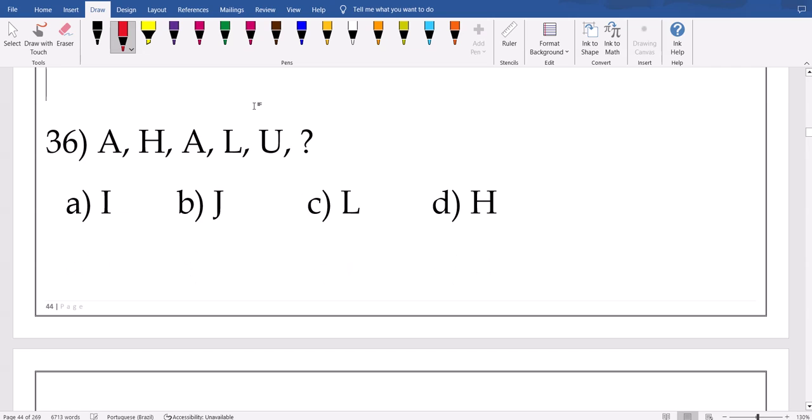What will be here? People will think about Aha, Allu, Arjun, all things. No. Alright.